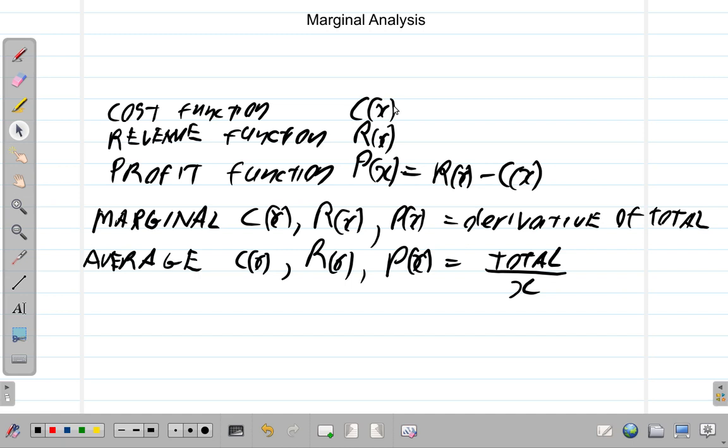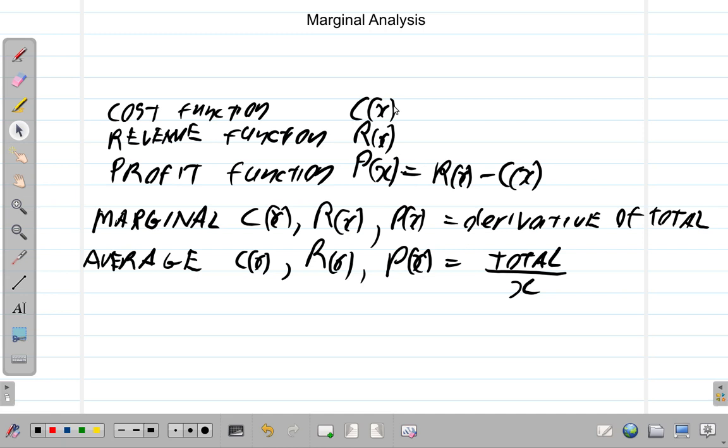So if one costs you $1, 100 of them will cost you $100. If one costs $5, then 100 of them will cost you $500 and so on. So it's a mathematical function that tells you the cost of all these items.